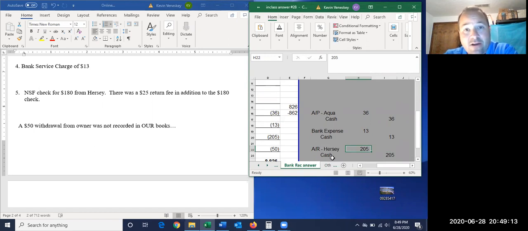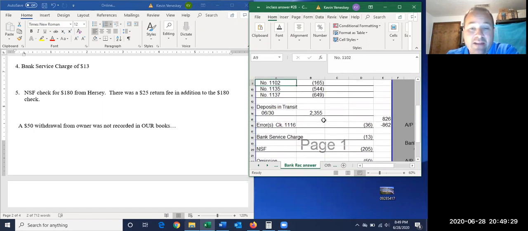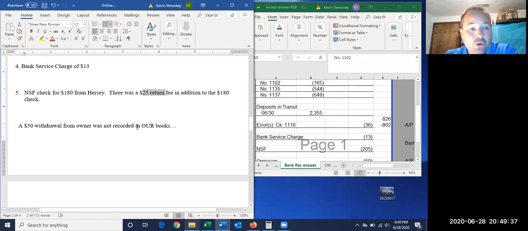And so when they do it on their side, they're going to say, oh, we have an extra expense that we need to add on because we wrote a bad check. And then we need to show that our cash went down by $205, because we not only didn't get the 180 that we thought, we didn't get the extra 25, they took that away.